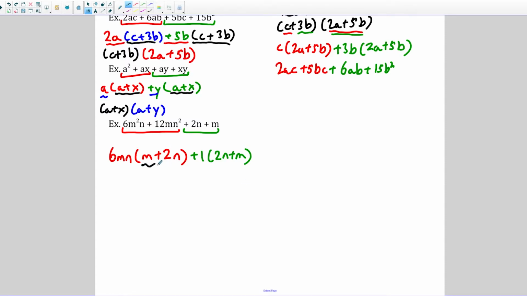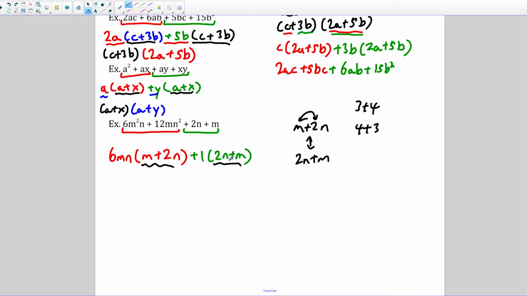Now before we continue and say that the 2n plus m and the m plus 2n are the same, well, they are the same, right? m plus 2n is the same thing as 2n plus m, because all we've done is swap the position of the two. It doesn't matter if we go 3 plus 4 or 4 plus 3, we still get the same sum at the end.